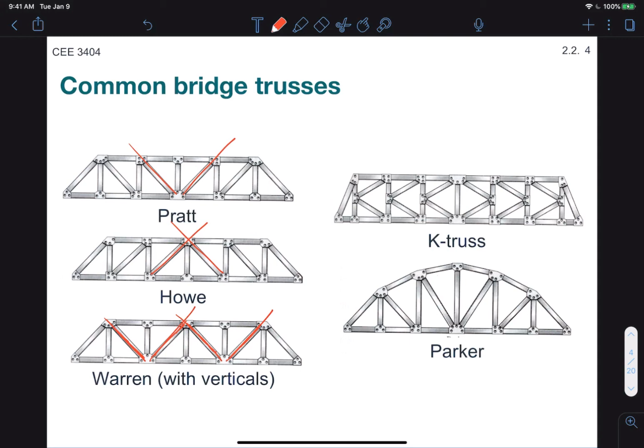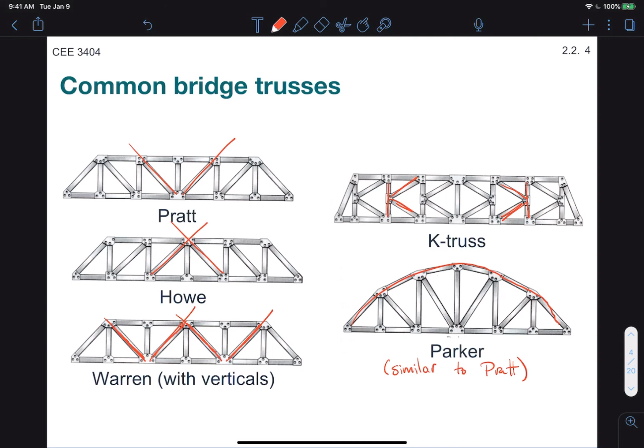Then we have also a few other more complex types of trusses, like the K-truss, which, as the name suggests, forms Ks or backwards Ks, and the Parker truss, which is very similar to a Pratt, except that it has a rounded top chord.